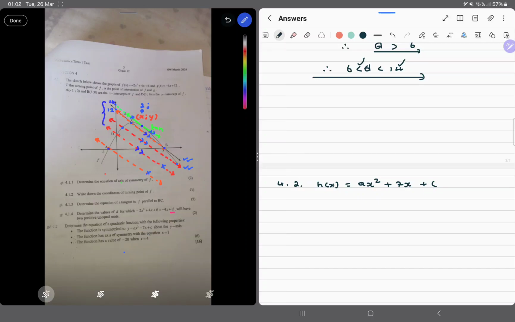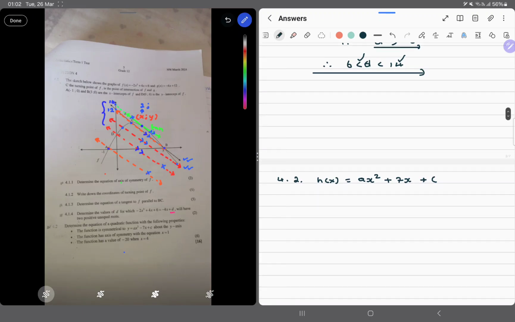So the y-intercept is going to be the same. Remember, when you reflect the graph horizontally, only the x values change, but the y values remain the same. That's why c won't change. Again, the characteristics of the graphs are not going to change, meaning whatever a value it was, it has to remain that value. If it was positive, it remains positive.